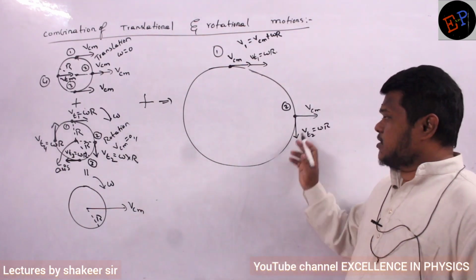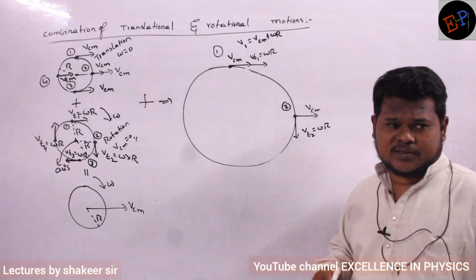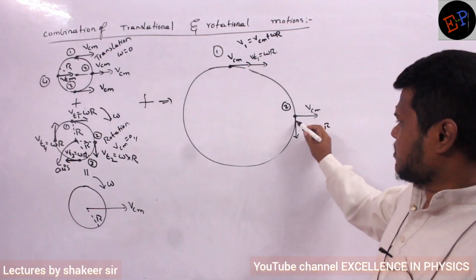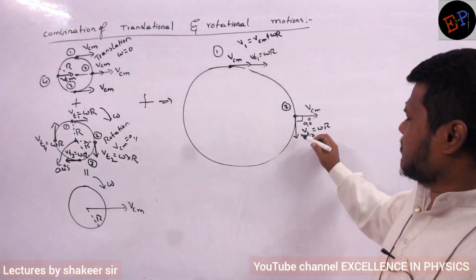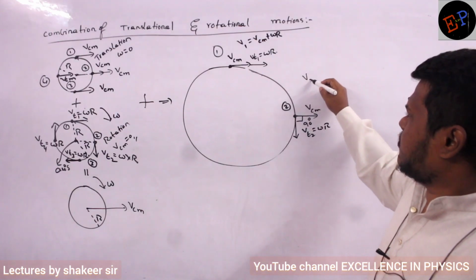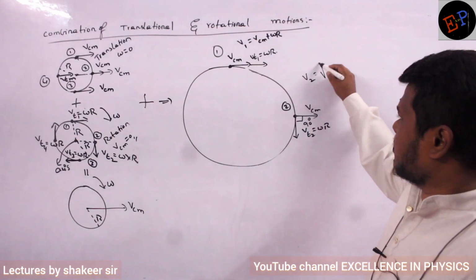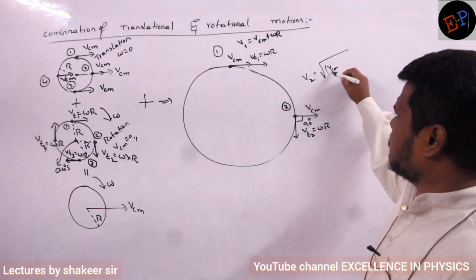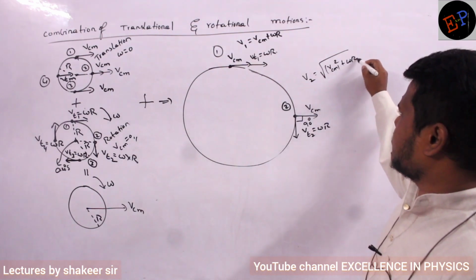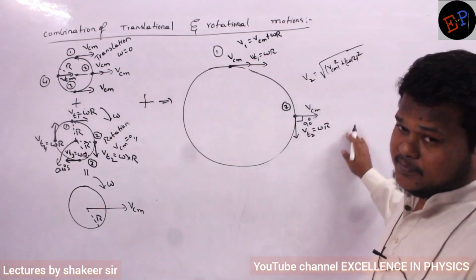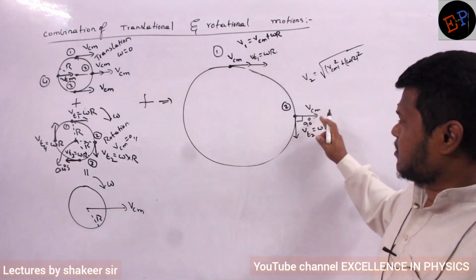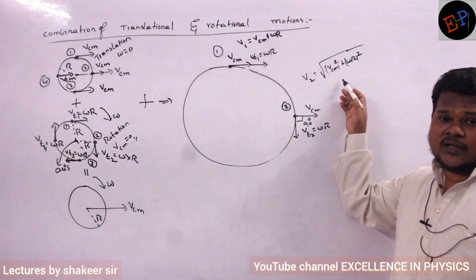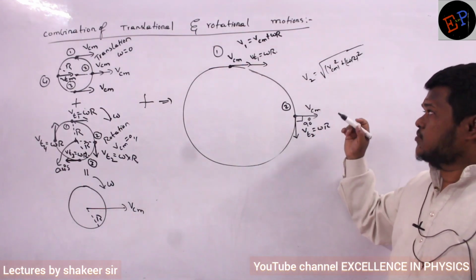Now these two velocities are at an angle of 90 degrees. Therefore, what will be the velocity of point 2? Total velocity is equal to the square root of Vcm whole square plus omega into r whole square. Can I write like this? When two vectors are at an angle of 90 degrees, this is the resultant vector. So the velocity of this point will be this much.